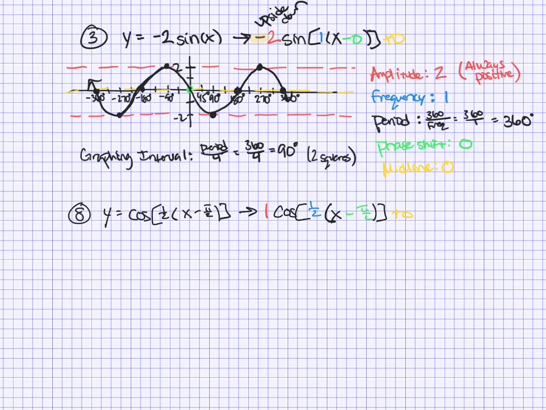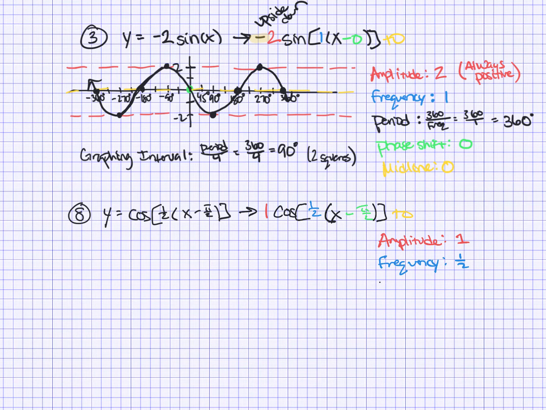So now our amplitude is 1 again. Our frequency has changed though. Our frequency is now 1/2, meaning that we only get through half of one cycle in an interval of 2 pi.